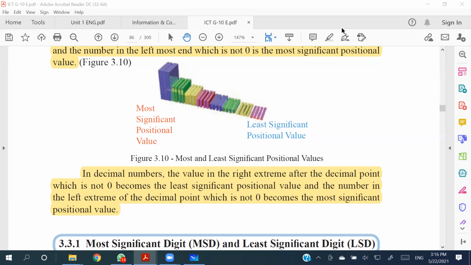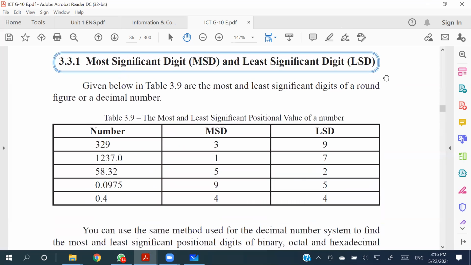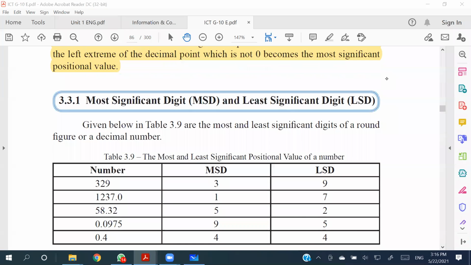That is why we are having the diagram. You don't need to. Right.